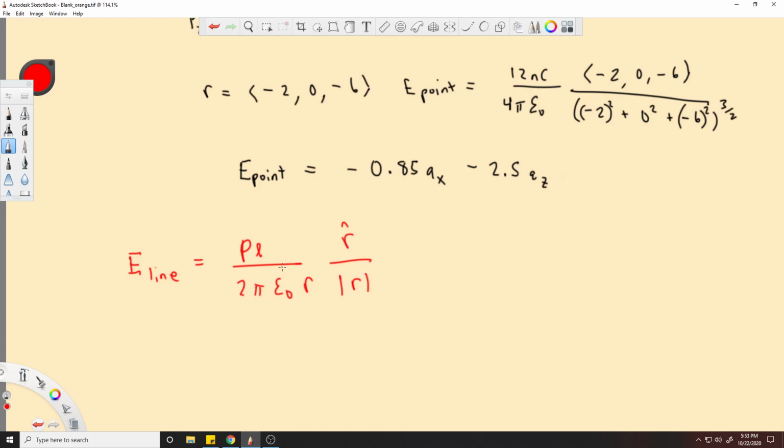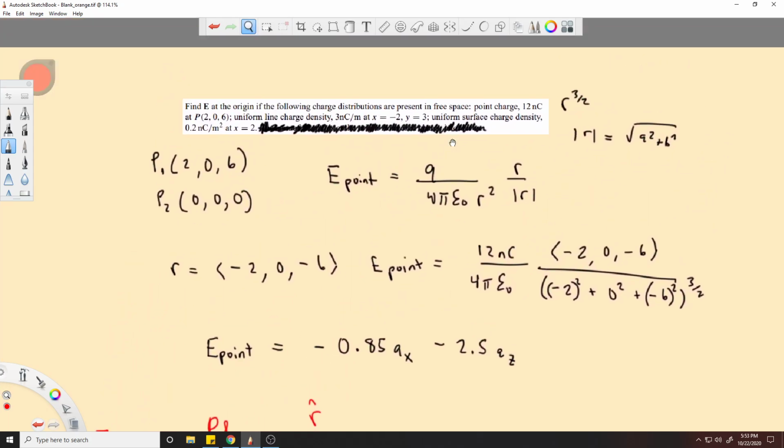So it's almost the same thing, except it's charge per meter. It's not just charge. And then there's no squared on the r here, and then this is a 2. So there's a derivation out there. I'm not deriving it. This is just something to know.